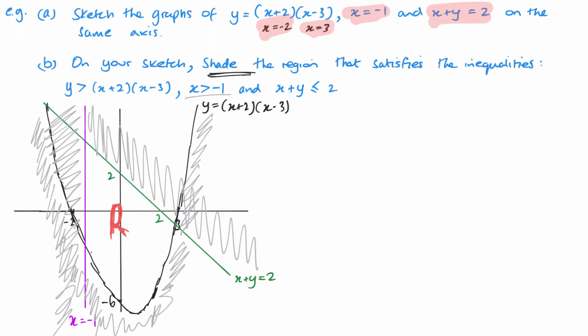That is how I would go about approaching this type of question. I just think that getting rid of your regions is far easier than trying to shade the specific region right from the start. And you can always do it faint and then do it really bold, or in pen, when you do the actual region if you want to.